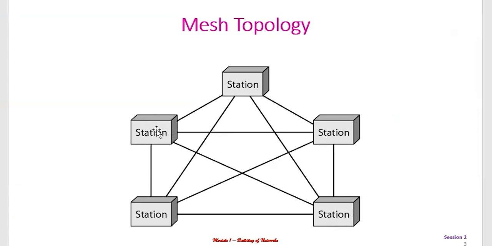I'm repeating it. Link is nothing but connecting two devices directly. So 1 to 2 is connected by means of a link. Whereas when I want to connect 1 to 5 or 1 to 4 and there is a link failure, then you are expected to use link 1 to 2, then link 2 to 3, and link 3 to 4. If you connect through this path, you are using 3 links. So what's the difference between a link and a path?